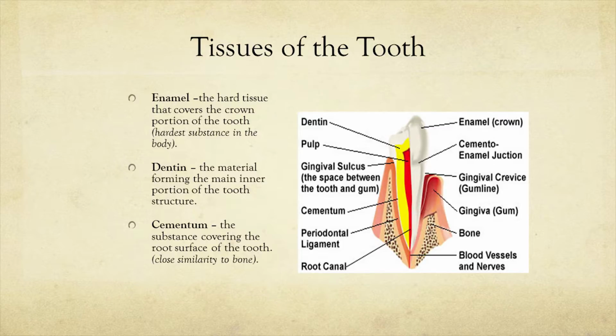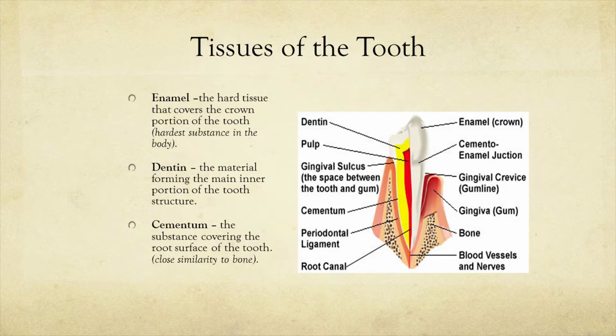This enamel and dentin you would see only in the crown portion of the teeth. What I mean by that is the tooth obviously has two portions: one is your crown and one is your root. The crown portion is the one you can see in the mouth, but the root portion is not seen.